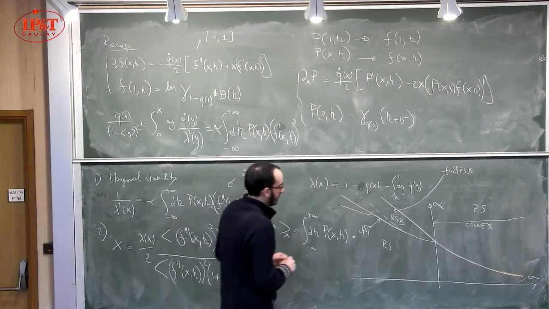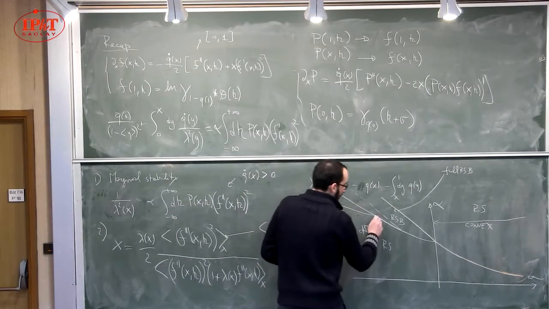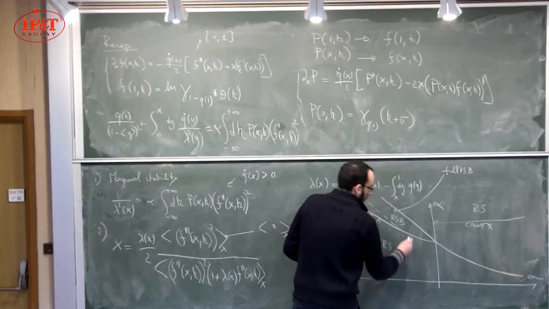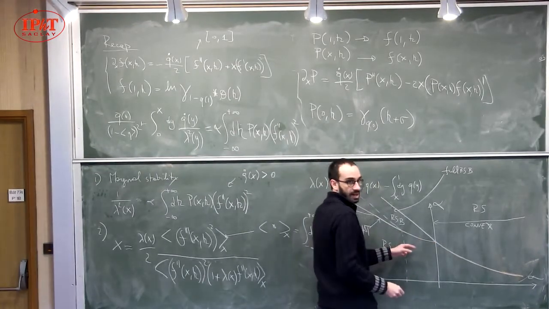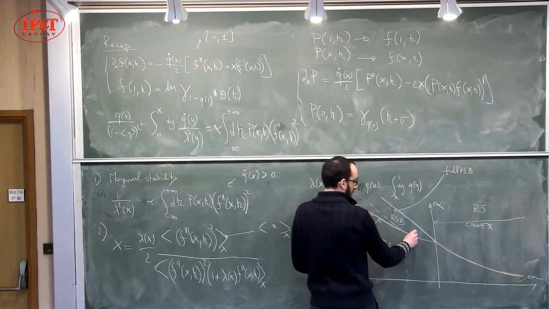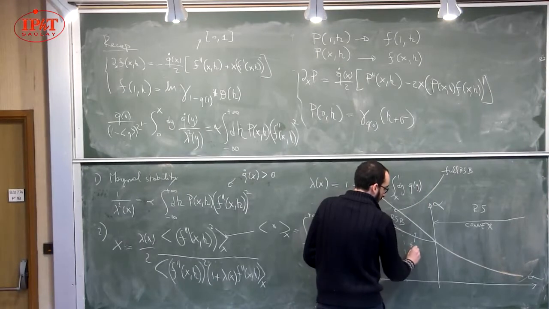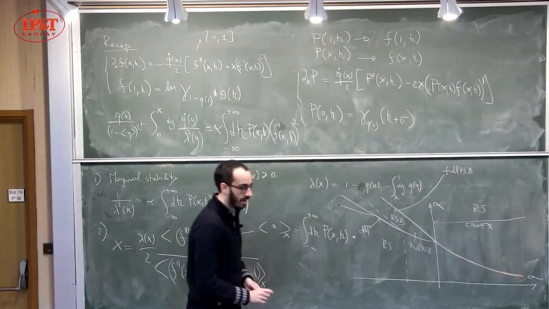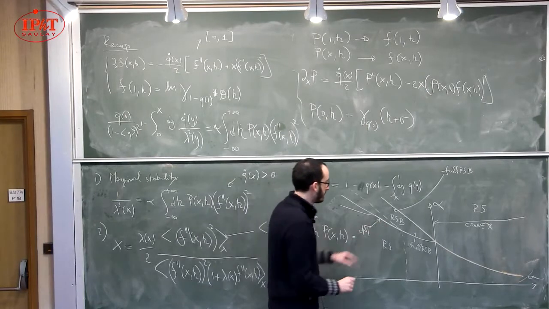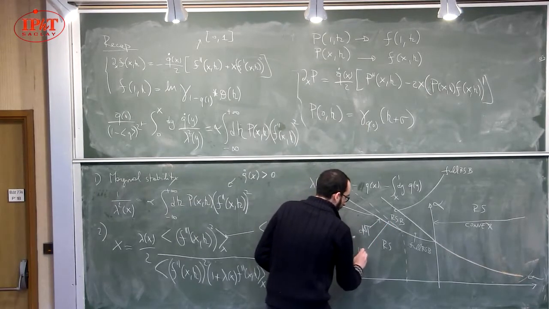So what are the properties of these lines? In this region, when you cross this line, what you have is really a full RSB solution. Instead, what happens here is that the solution is first of the 1RSB type.